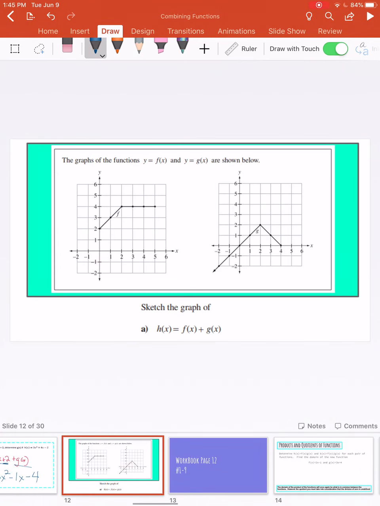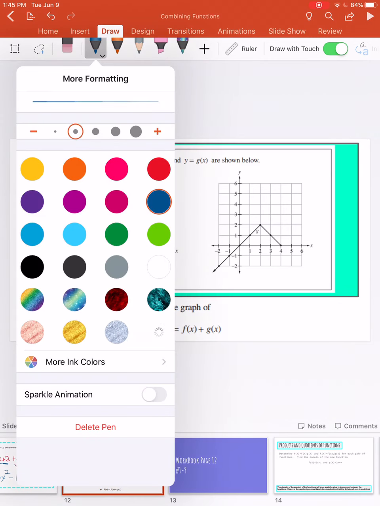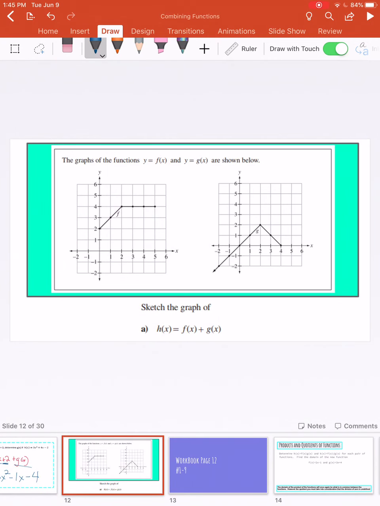Last question, this is a diploma question. It says sketch the new graph. So I'm going to actually draw these graphs on the same grid. Okay, so we're taking these two graphs and drawing our new graph. The first thing is you need two y values in order to add or subtract.